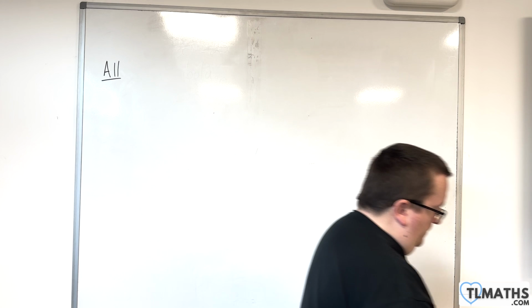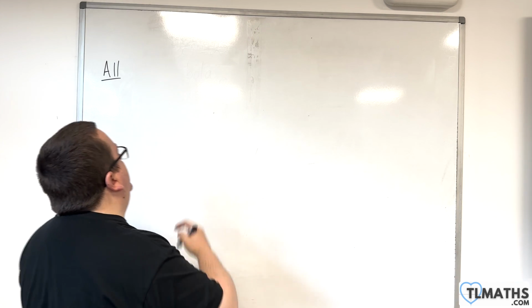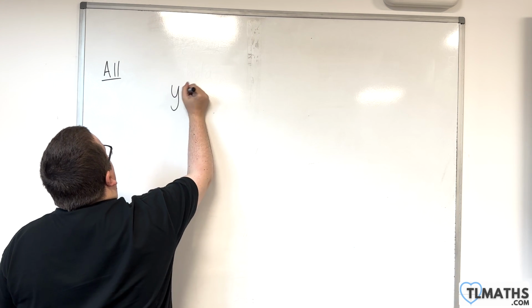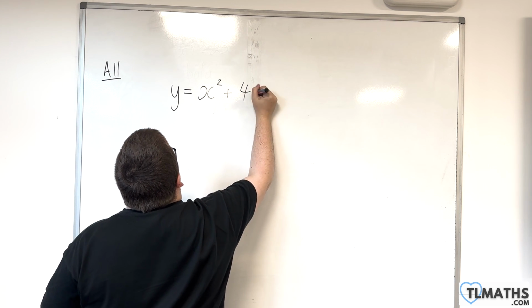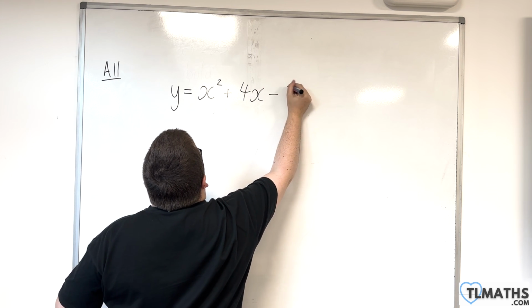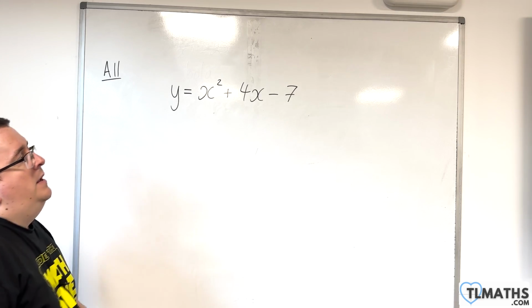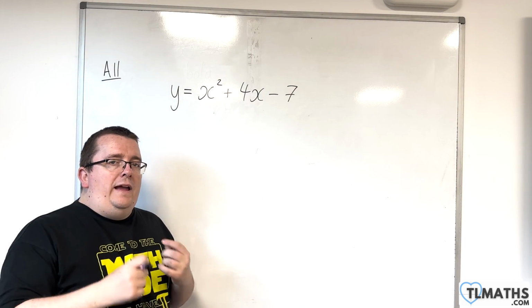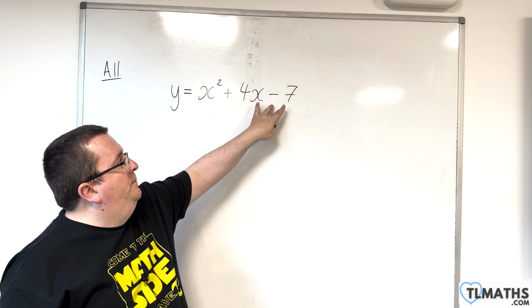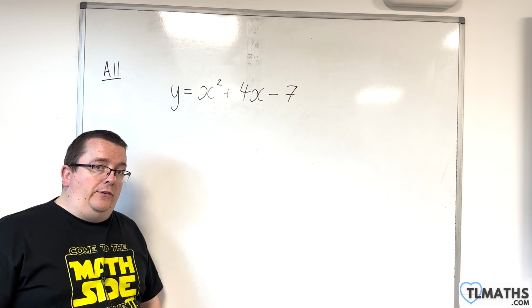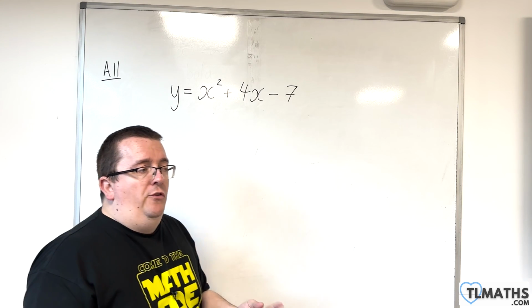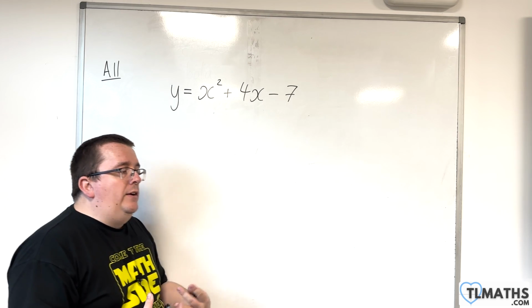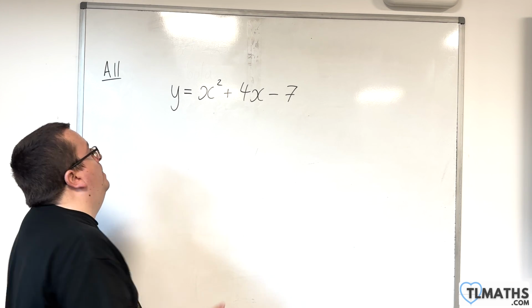So, let's say I have y equals x squared plus 4x take away 7. And I wanted to know, where does this curve cross the y-axis? Okay, well, just as we did before, in order for it to cross the y-axis, x must be 0.